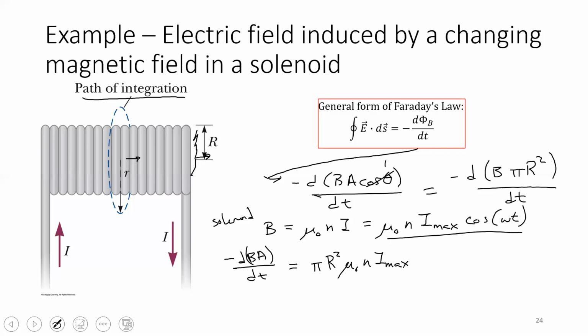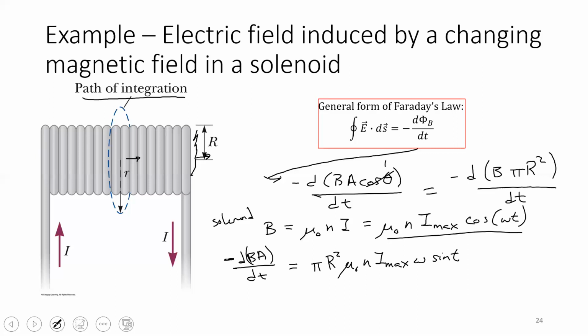So I max, and we're going to take a derivative of cosine. So what we're really going to get is a negative sign. We need to get that omega out there. But that negative sign is going to meet up with this negative in front of our derivative, and they're going to cancel out to a positive.